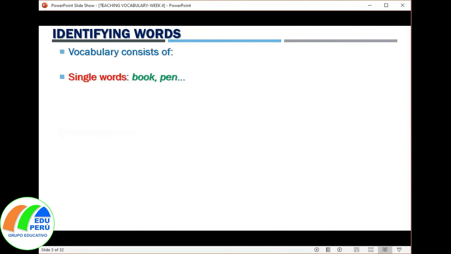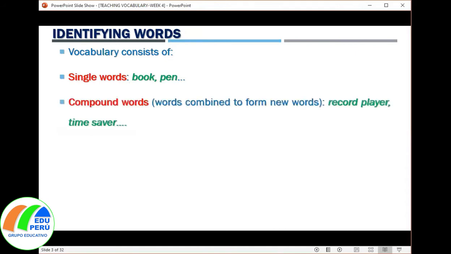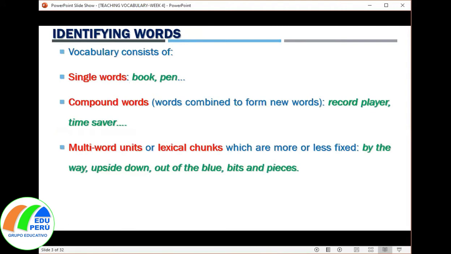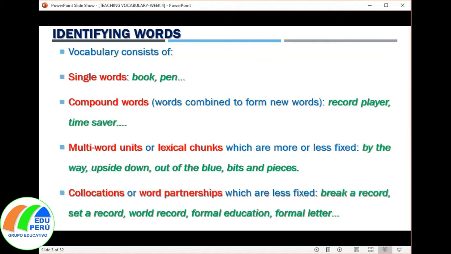Then we were talking about the components of the vocabulary. What kind of words could we have in a vocabulary? We were talking about single words, then compound words, multi-word units or lexical chunks, also collocations or word partnerships.